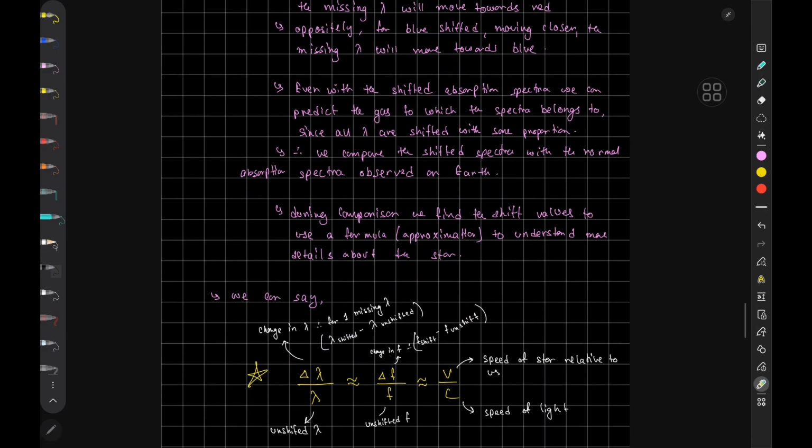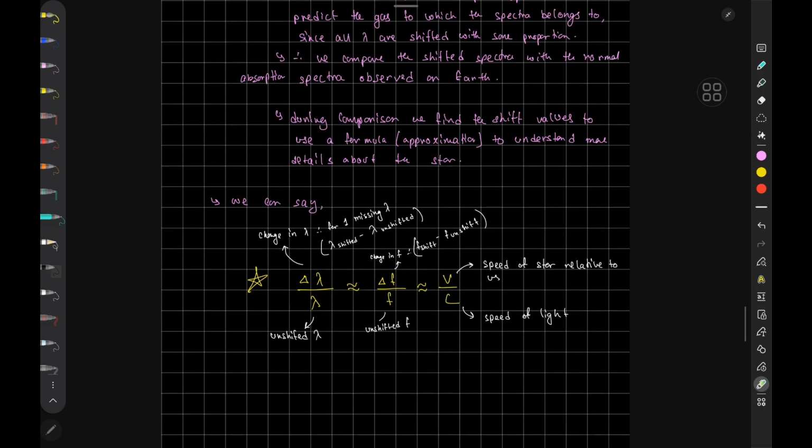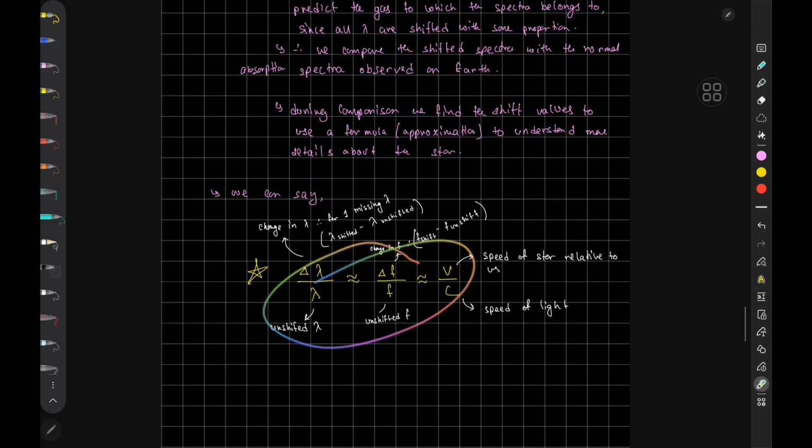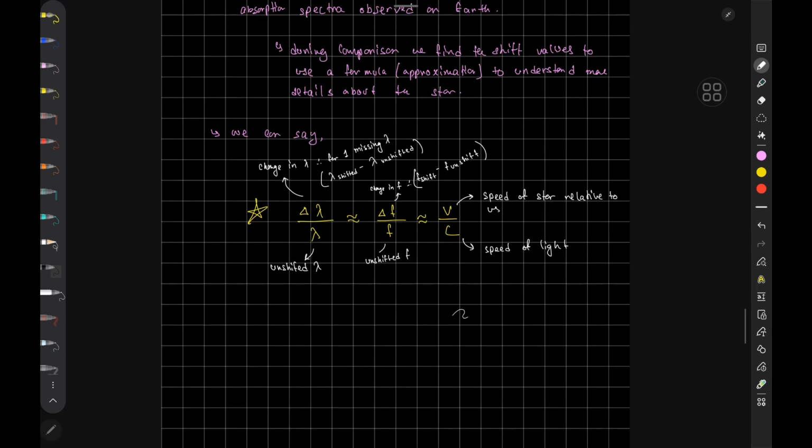So when you're comparing with the unshifted one, this is the kind of formula you come up with. We say whatever the delta in lambda is. So let's say for hydrogen H2, I have a missing line at around 900 nanometer.